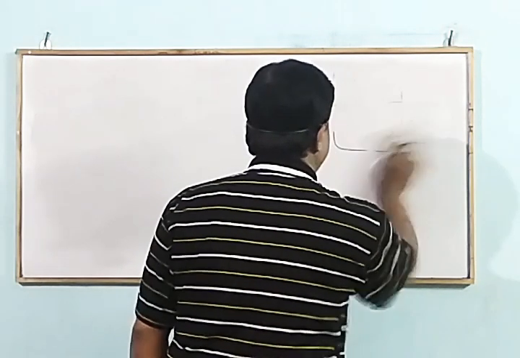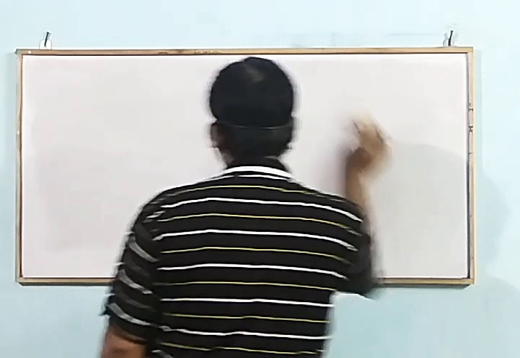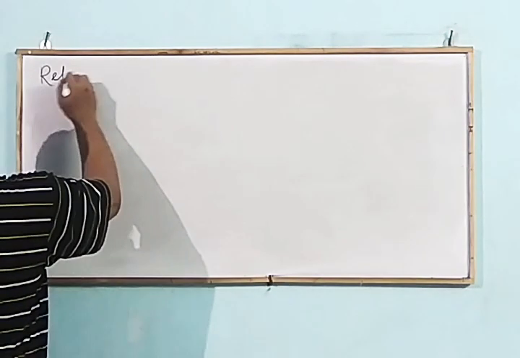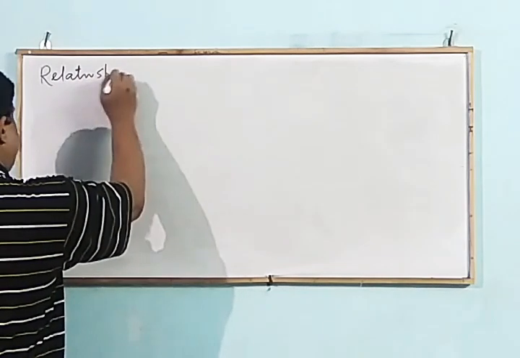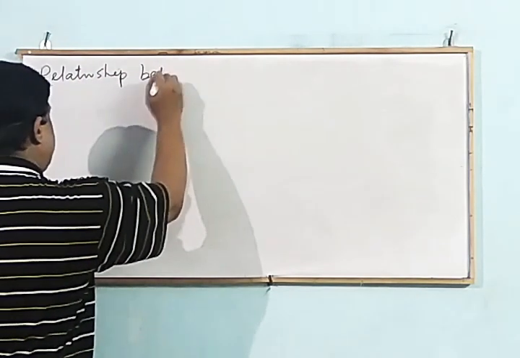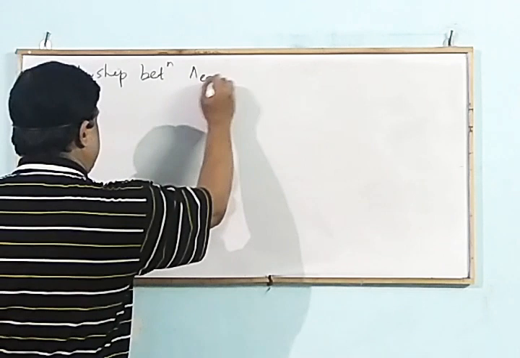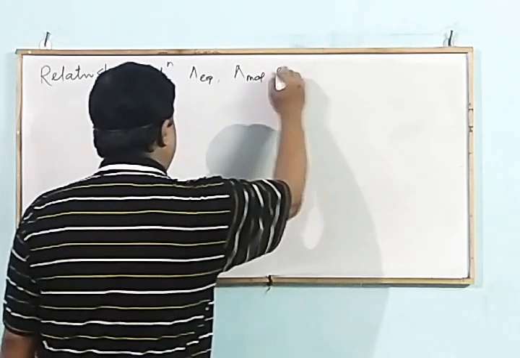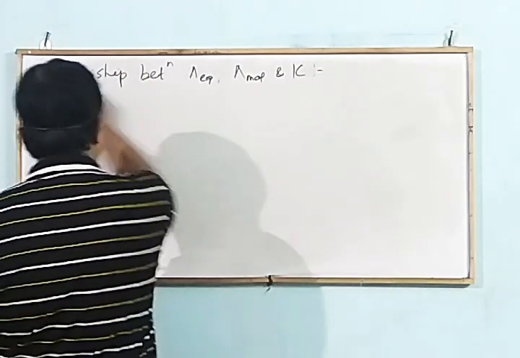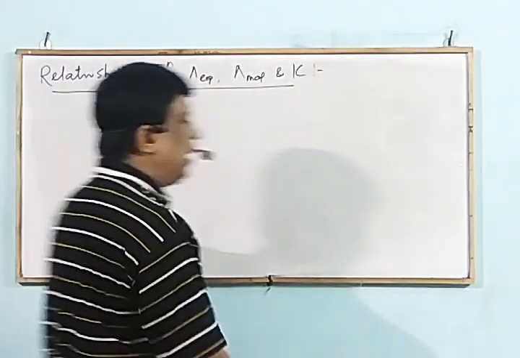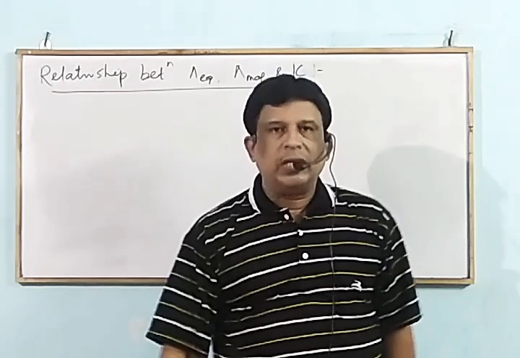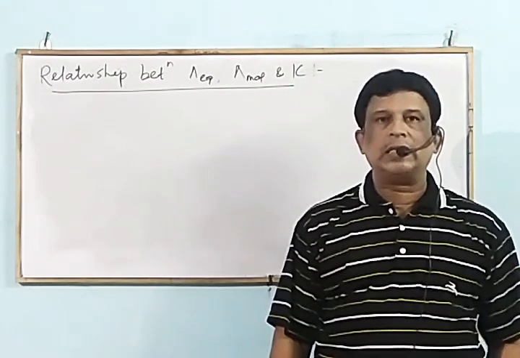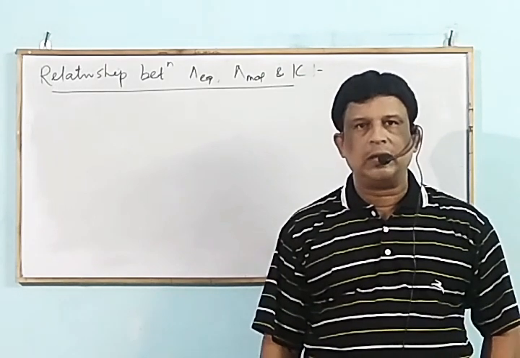Next we discuss the relationship between equivalent conductance lambda EQ, molar conductance lambda MOL, and kappa, that is specific conductance. What is the relationship between them?